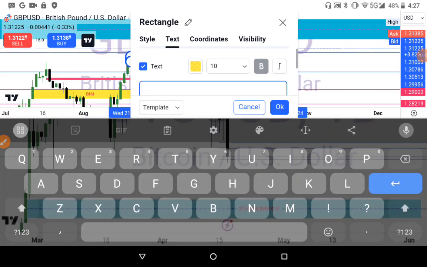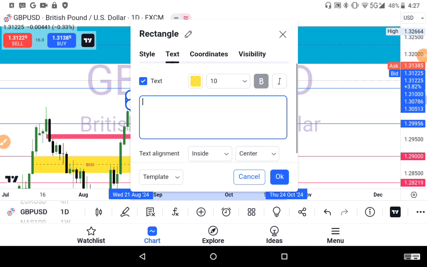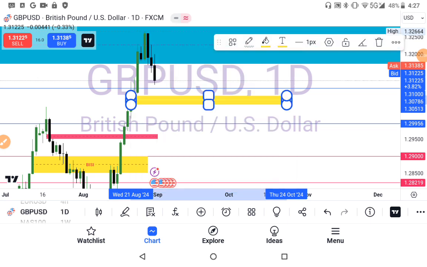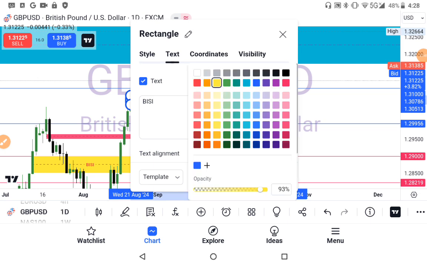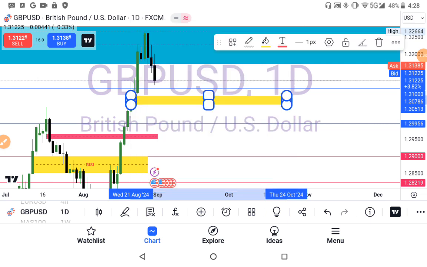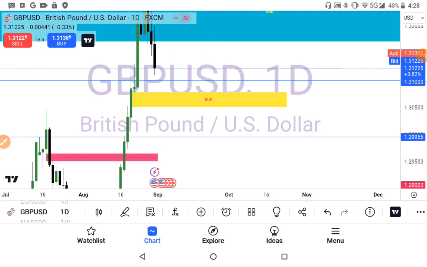There's a BC here. I want the text to be visible. Okay, we have a BC there.